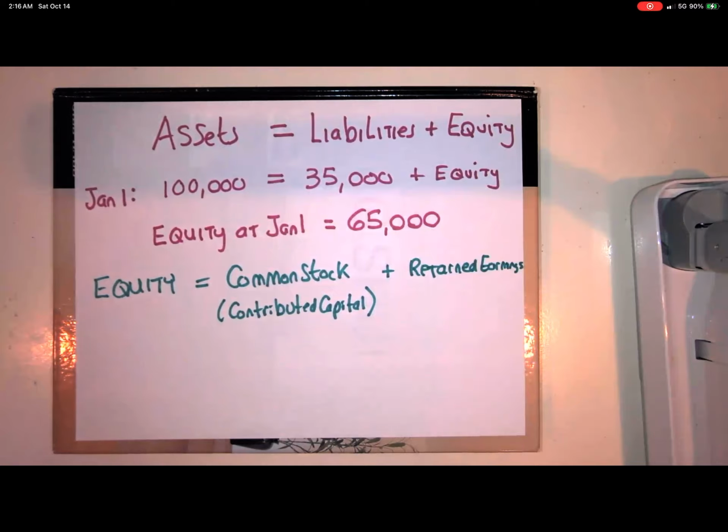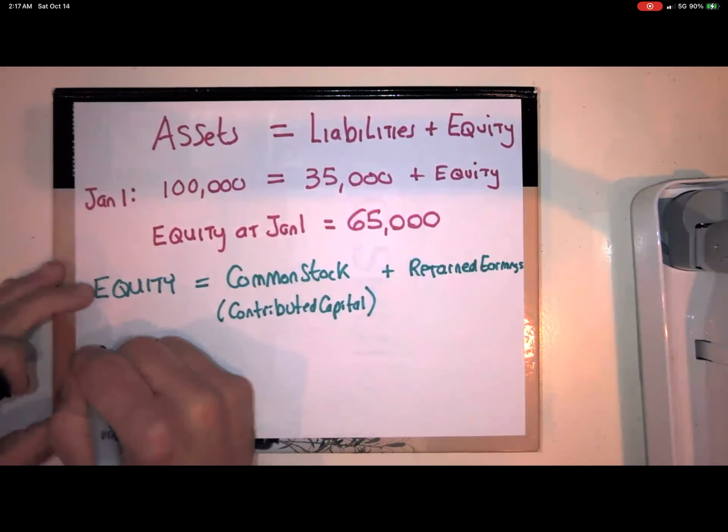All right, I want to do one more thing. And I don't want you guys to copy this next part down yet, because I'm going to make a mistake. I'd like to see if I can get a new volunteer. Tell me what the mistake is. Let's see if you can pick out my error. So I know that the equity, the total equity we calculated right here was 65,000.